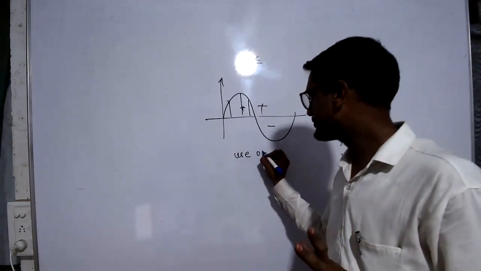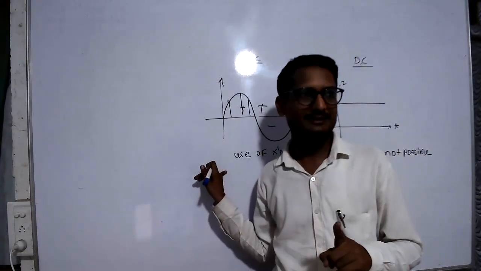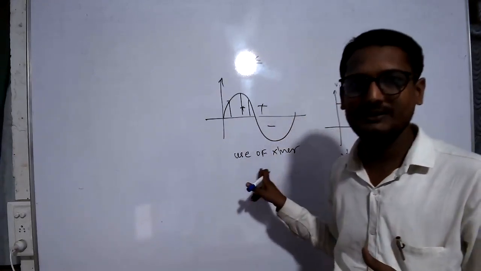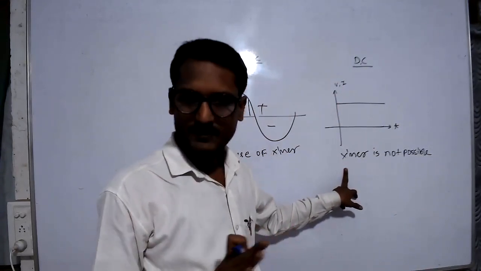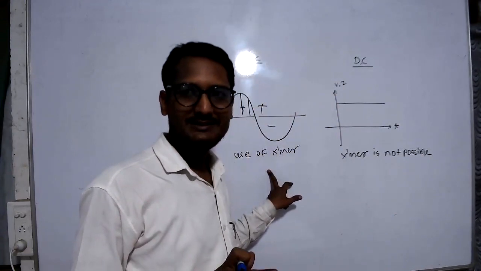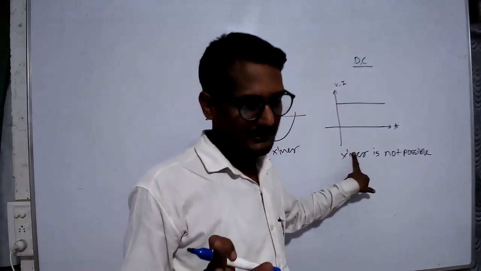The machine design of an AC circuit is very easy, whereas the machine design of a DC circuit is not easy. Then generation of AC is also easy, whereas generation of DC is not easy.